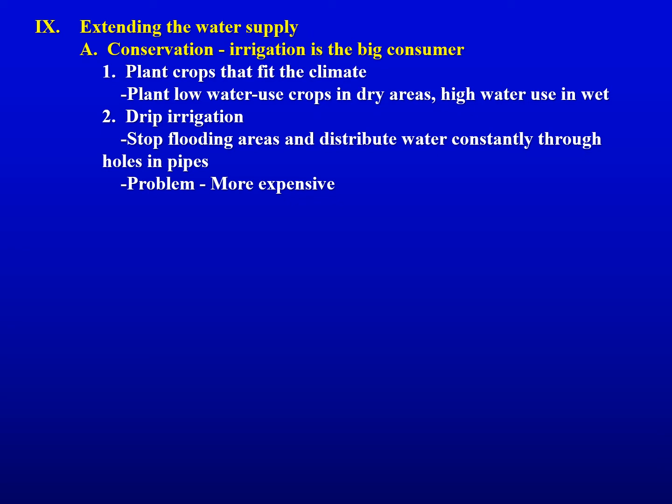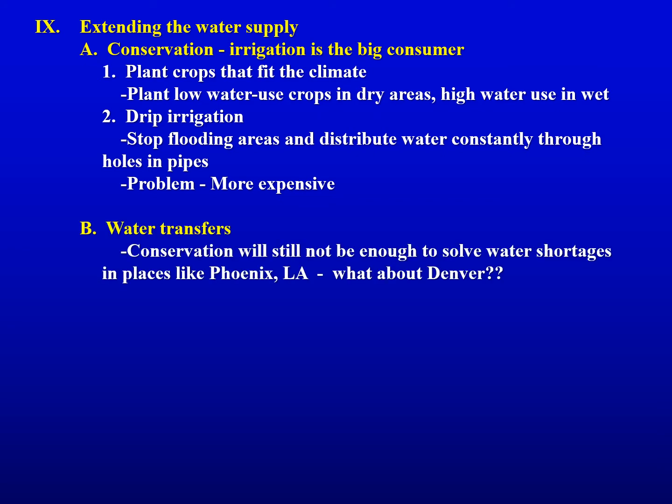So the cost of going to a new technology in a sector of the economy where there just isn't a lot of money for investment is really difficult. So at this point in time, we're simply not conserving our way out of this problem.